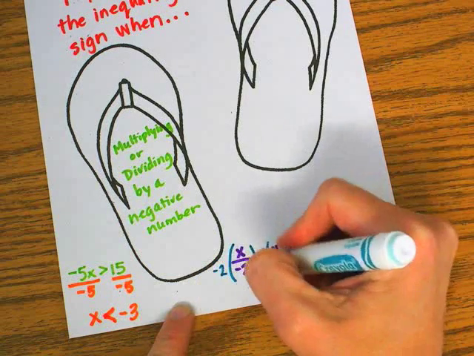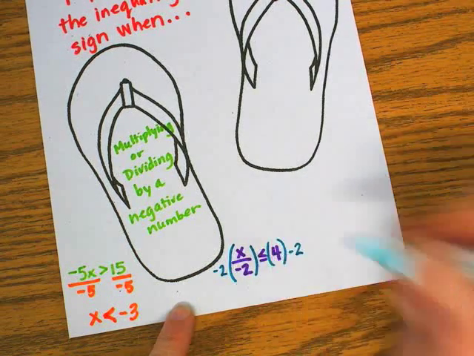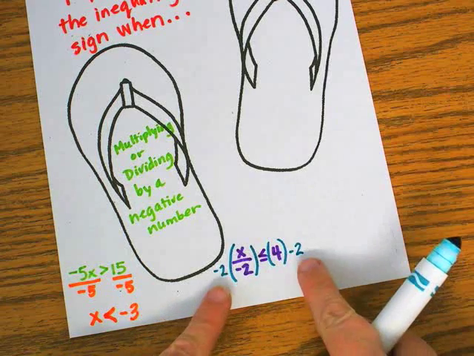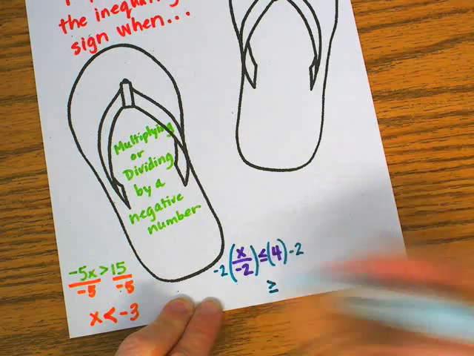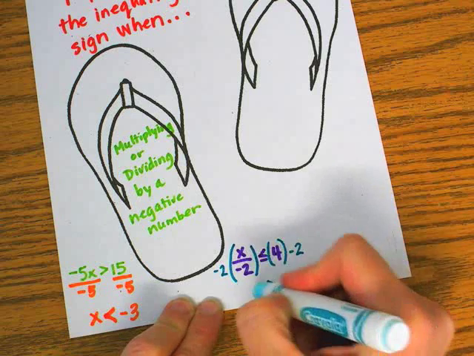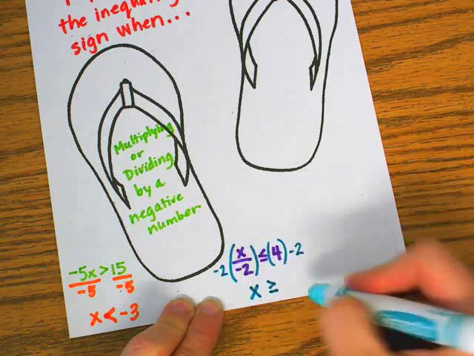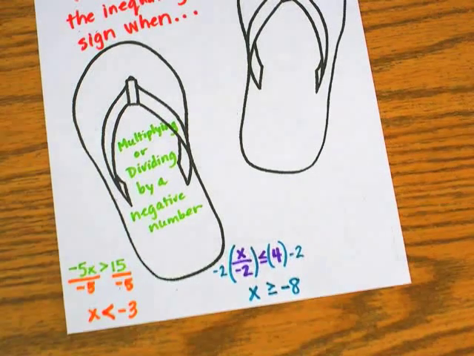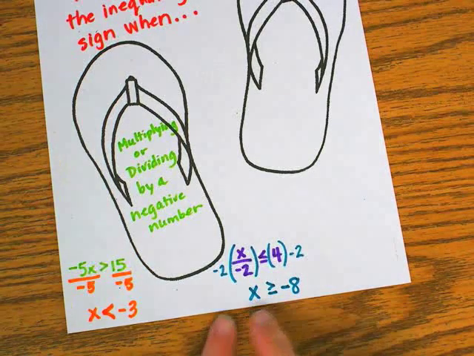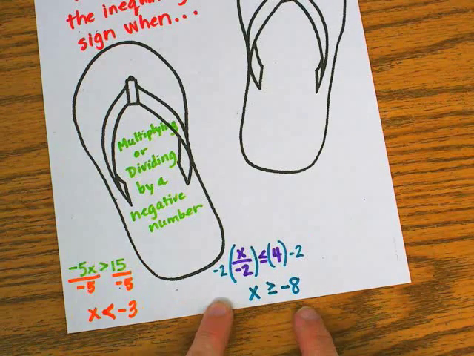I'm showing that I multiply by negative 2 on the right. Since I'm multiplying by a negative number, I'm going to go ahead and switch that sign. On the left, I'll have x, and on the right, I'll have negative 8. So the solution to that inequality is x is greater than or equal to negative 8.